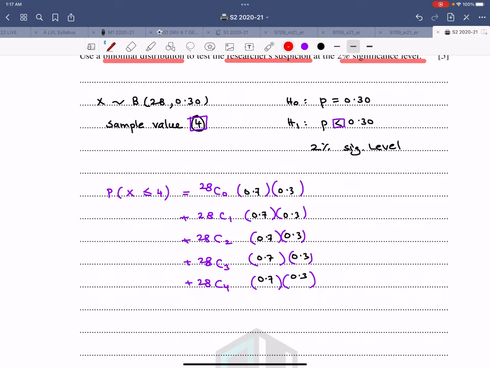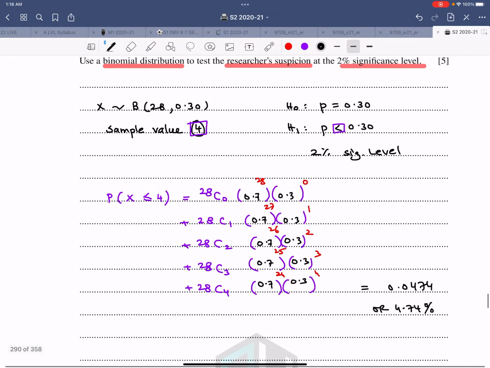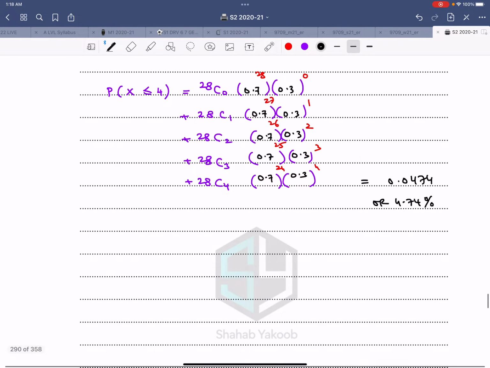The summation of all these. So this is 0, 1, 2, 3, 4, and this is 28, 27, 26, 25, 24. Now it's between you and the calculator. You add it all up. This comes out to be 0.0474 or 4.74%. Always convert it into a percentage because you would be comparing it with the significance level in percentage. Now the rule is, if the p calculated value is less than the significance level, then reject H naught.